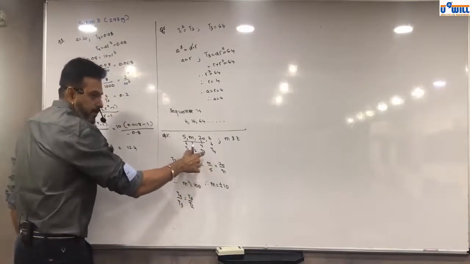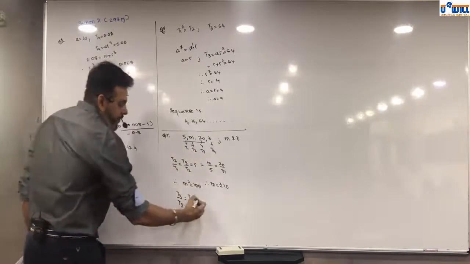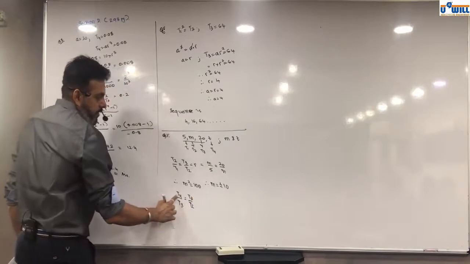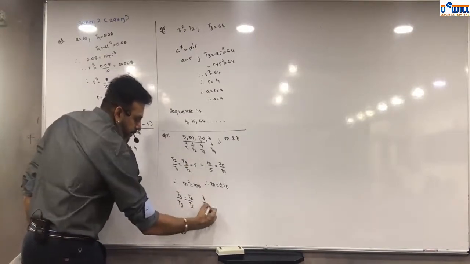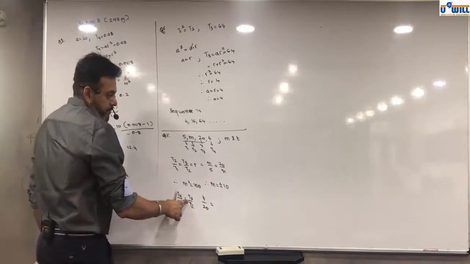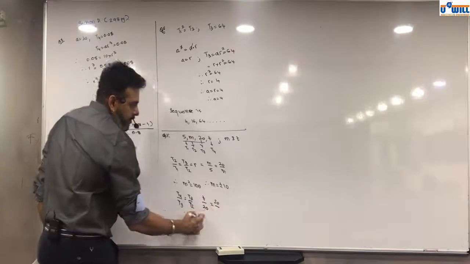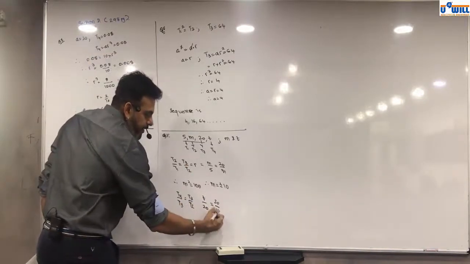Now, first we will take 4. T4 is T upon T3 is 20, is equal to T3, which is 20 upon T2, M. M we will take first as 10.